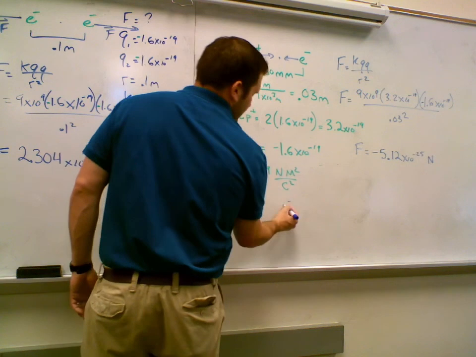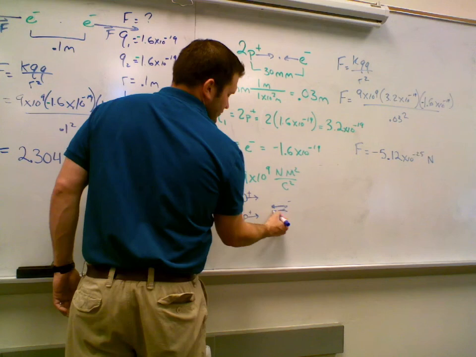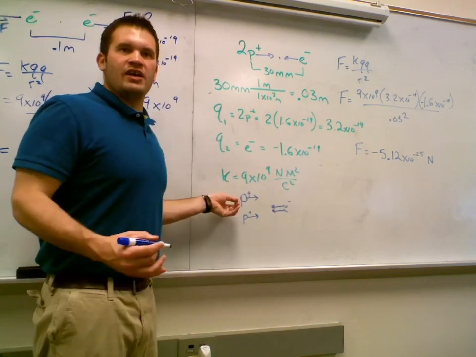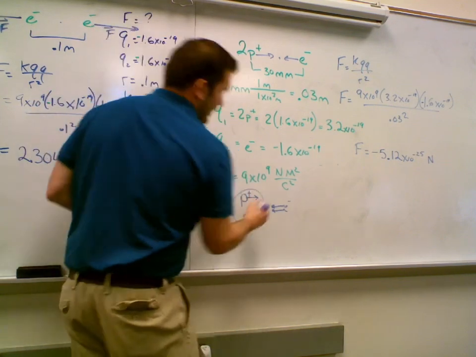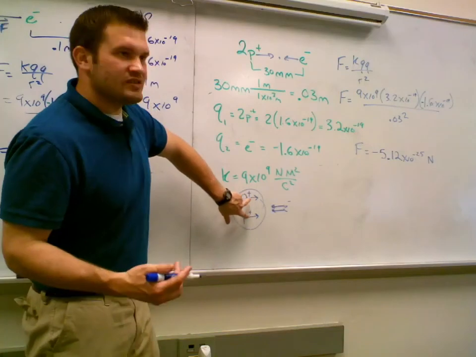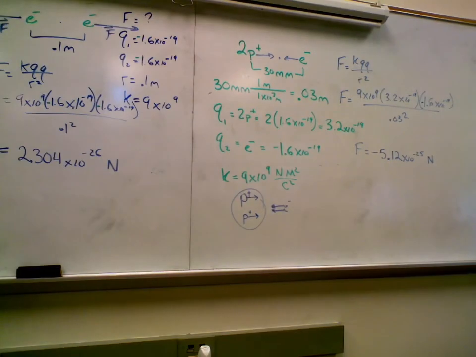So this proton pulls on this electron with an equal force. That proton pulls on this electron with an equal force. But these two protons are together, aren't they? Since those two protons are together, like in the nucleus of an atom, the protons are feeling the same force as the electron. Does that make sense? Are there any questions?